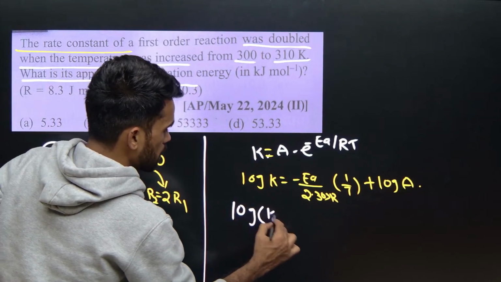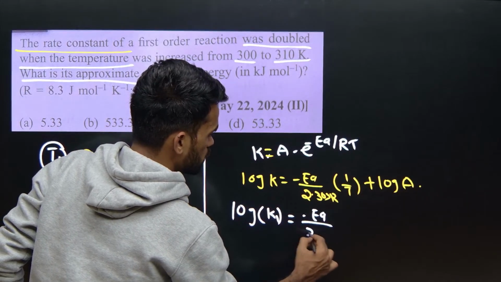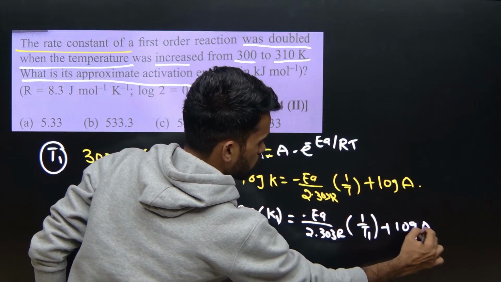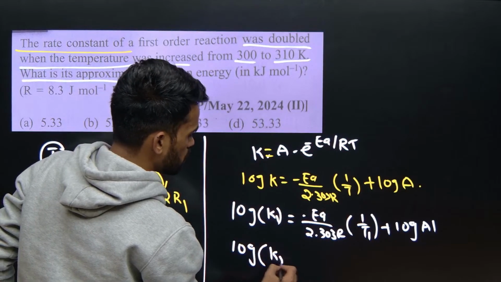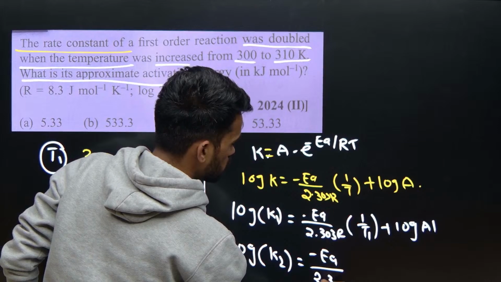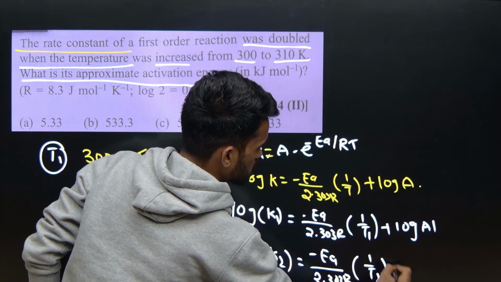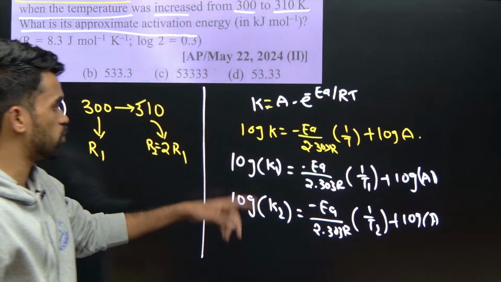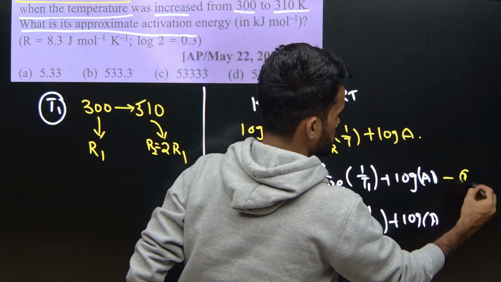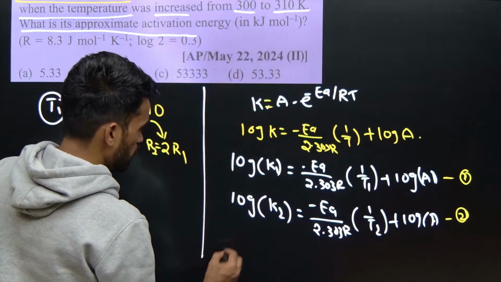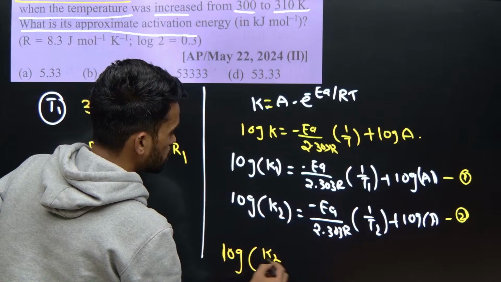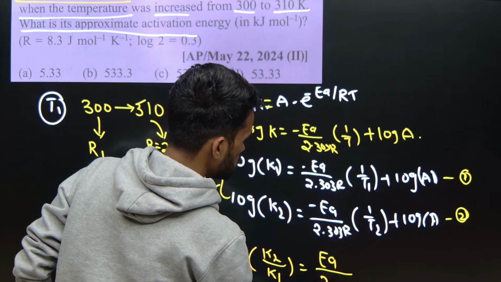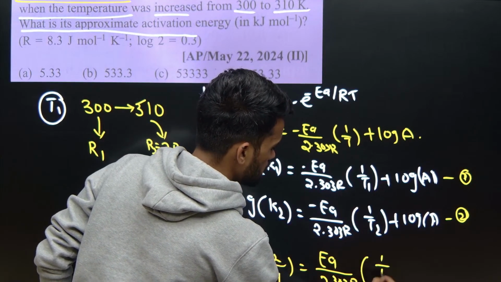Therefore log K1 equals minus EA by 2.303 R into 1 by T1 plus log A. And at temperature T2, log K2 equals minus EA by 2.303 R into 1 by T2 plus log A. Now subtract the first equation from the second, so 2 minus 1, and we get log K2 by K1 equals EA by 2.303 R into 1 by T1 minus 1 by T2.